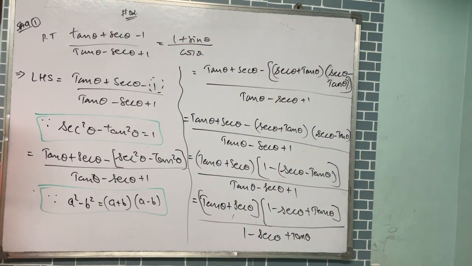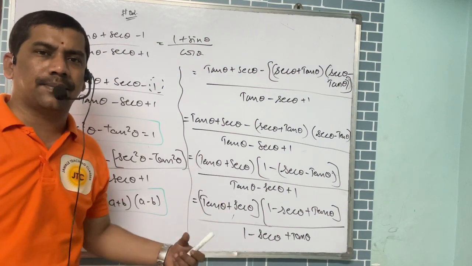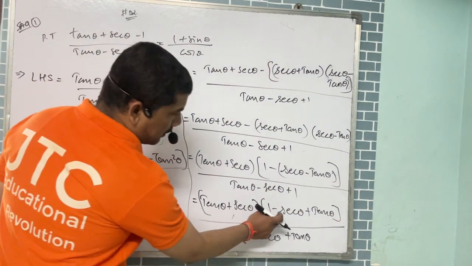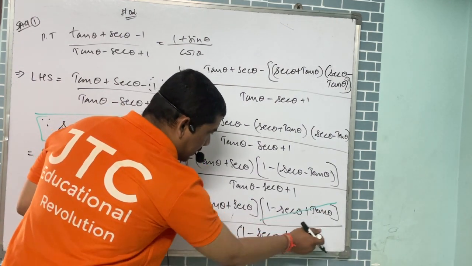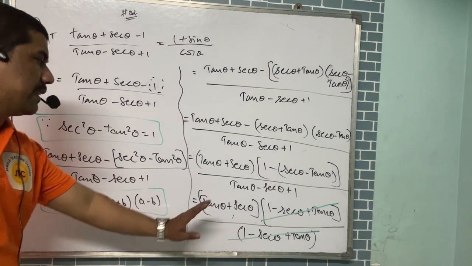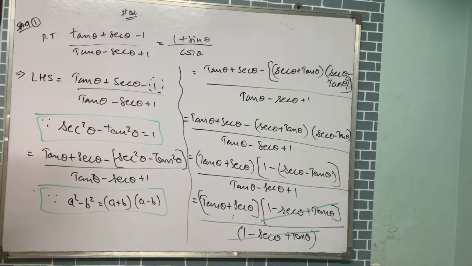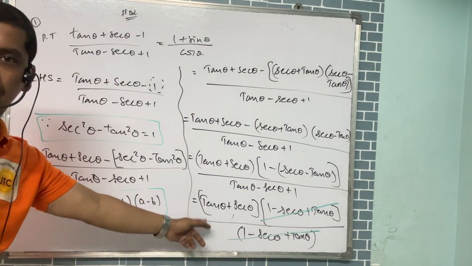This and this both are the same. Now you look at this term and this term, they are the same, so this and this cancelled. Those two can be cancelled straightforwardly. Then what is left? Tan theta plus secant theta will be left. But we need the right side, so we still need to do something here.